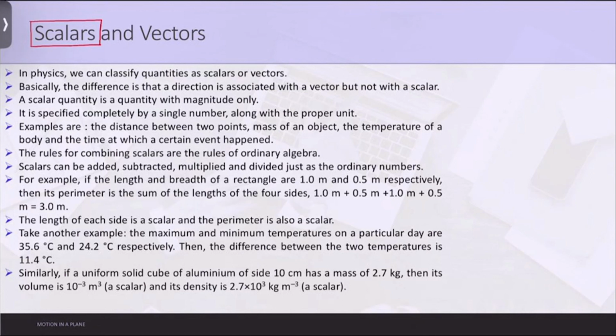Examples of scalars: you have added lengths. In the previous chapter, you understood a concept called path length. Then there was mass, and there was time.